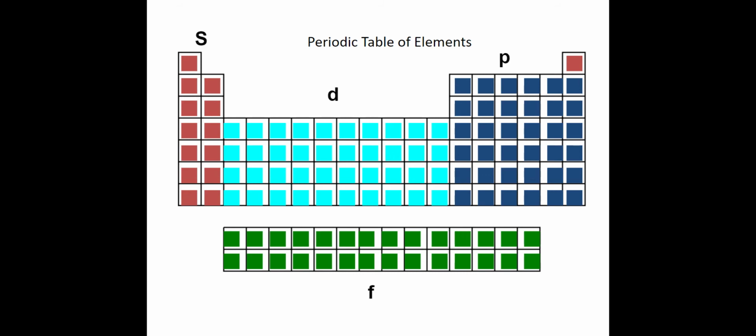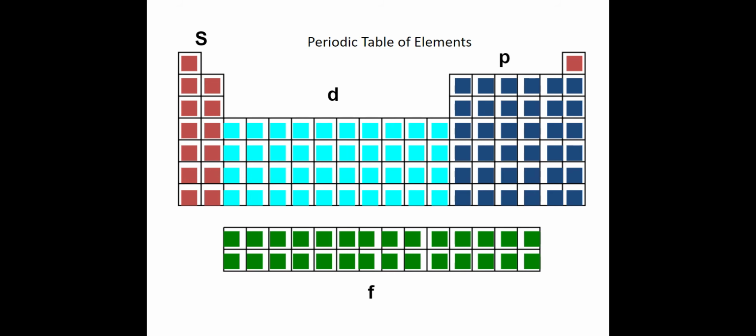In fact, I think the next slide labels the letters. Ta-da! Here's what I was going to say over the next 3 minutes. The dark purple block on the right represents the P subshell. S for sharp, P for principal. The light kind of bluish color where the transition elements go is the D subshell.